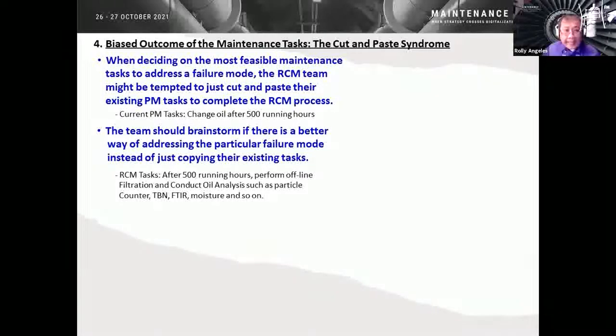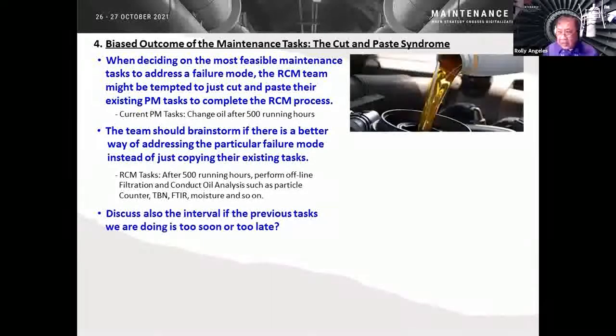lubricating oil. Okay? Now, also, when you perform RCM, you need to be precise on how you indicate the task, because most of the tasks might be done too soon, or most of the tasks might be done too late, in which case the failure has already happened.